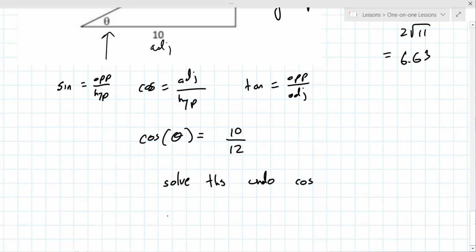So do you remember how to do that? Is it the negative cosine? Yeah, it's arc cosine, cosine inverse, and if you have your calculator handy, make sure it's in degrees, and let me know what value you get for that angle.